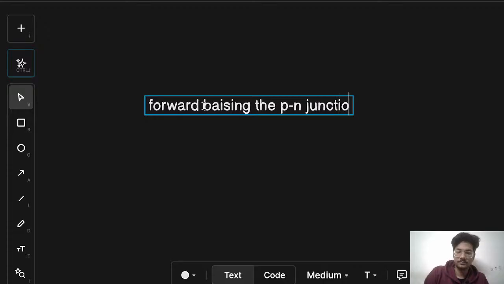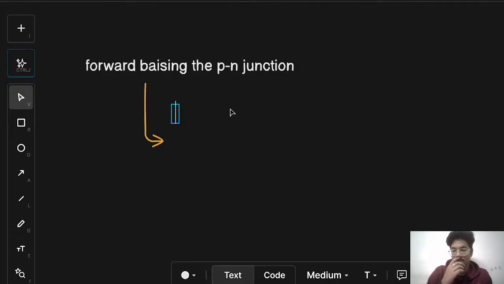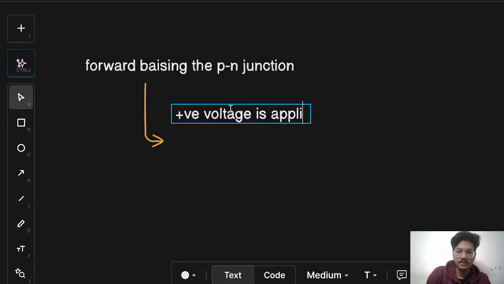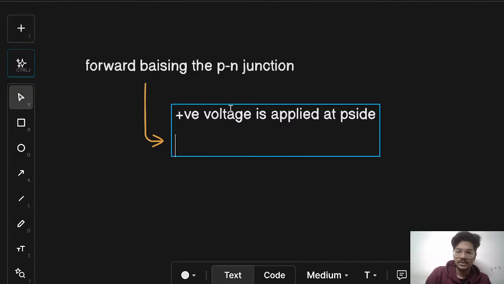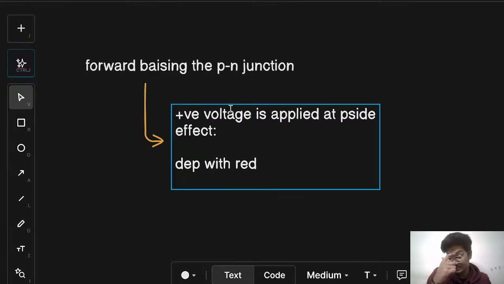Simply say that when a positive voltage is applied at the p side, the effect is that the depletion width reduces and the barrier height reduces.